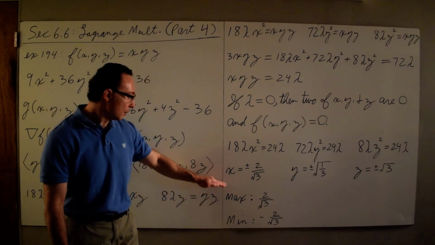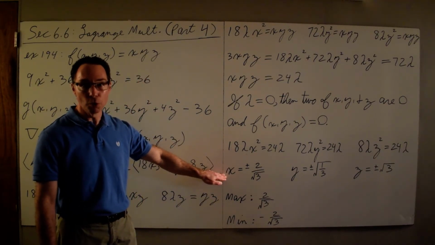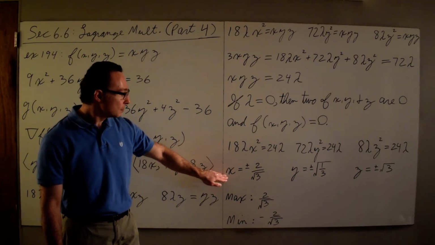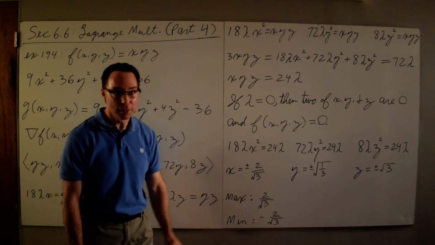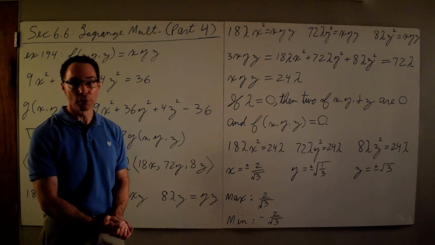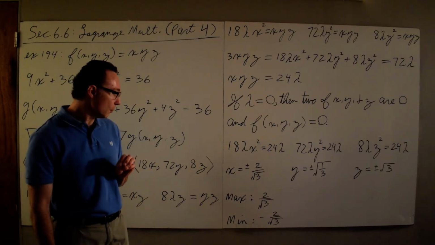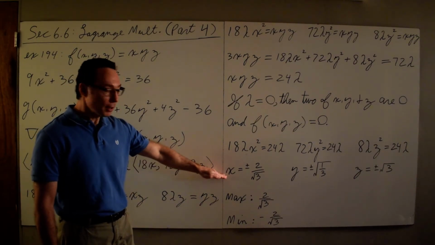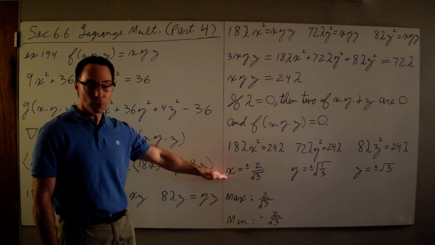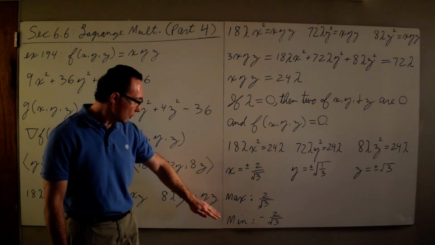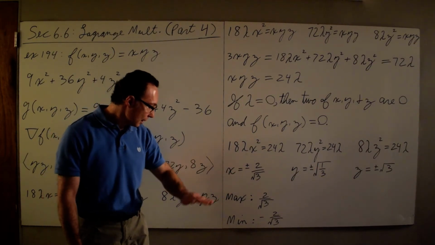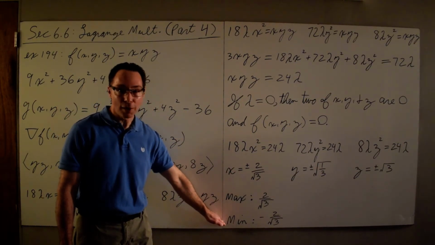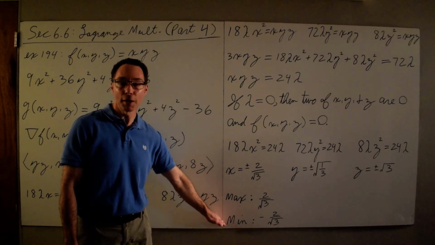For the min, let's suppose we choose 1 negative and 2 positives. When we multiply those, we're going to have negative 2 divided by square root of 3. So of our 8 points, 4 of their function values are 2 divided by square root of 3, and 4 of the function values are negative 2 divided by square root of 3.